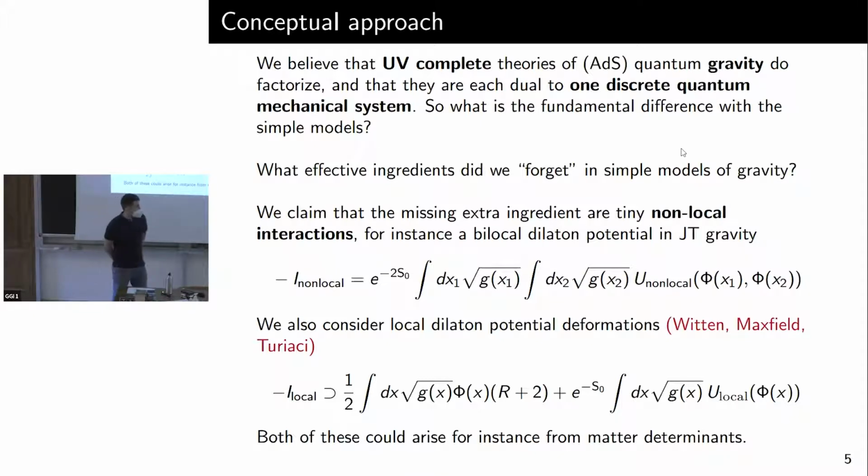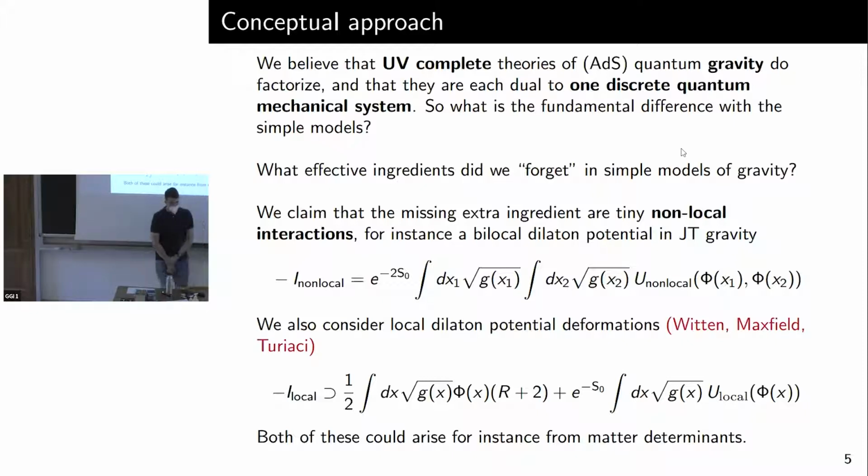What we claim is that the missing extra ingredients are super tiny, because there's an e^{-2S} black hole entropy factor multiplying the coefficient. Tiny non-local interactions in the gravity theory. For instance, in dilaton gravity, we can have this bilocal potential. And furthermore, we can also consider local deformations in dilaton gravity, as we've become accustomed to.